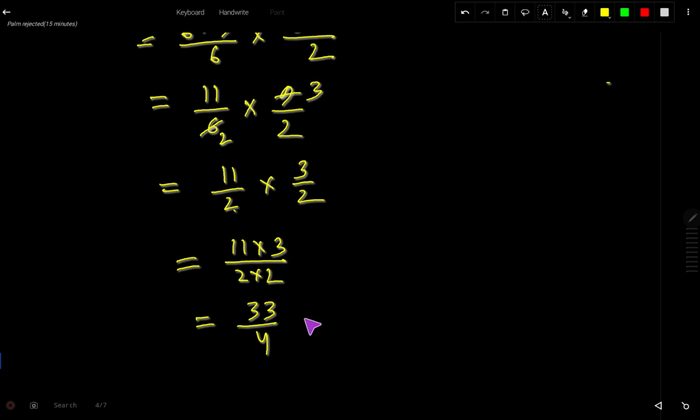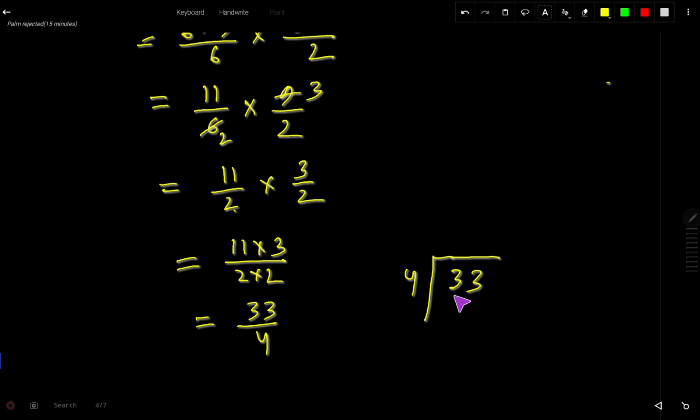So to do so, what will happen? You have to divide this 33 by 4. That is, you have to apply the long division method, right? So you have to divide 33 by 4.